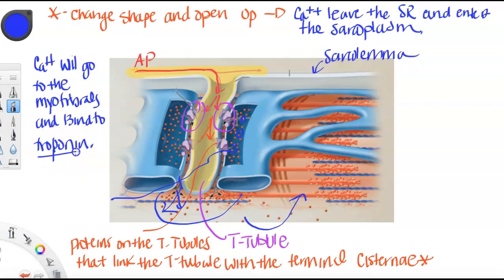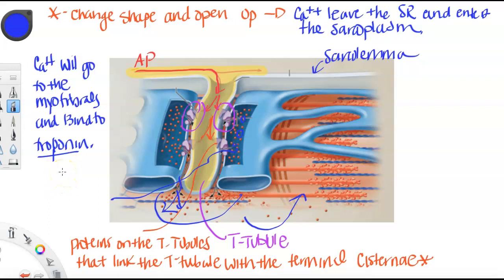And why does it bind to troponin? Because troponin is the only way to move tropomyosin out of the way of binding sites for myosin. Okay? So that is EC coupling, is what we've just done.